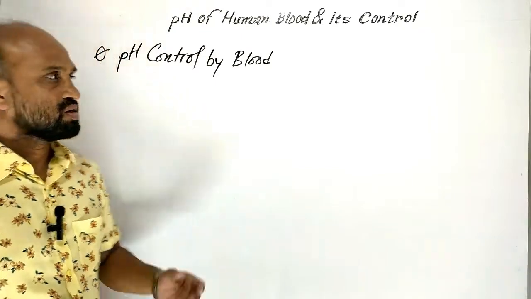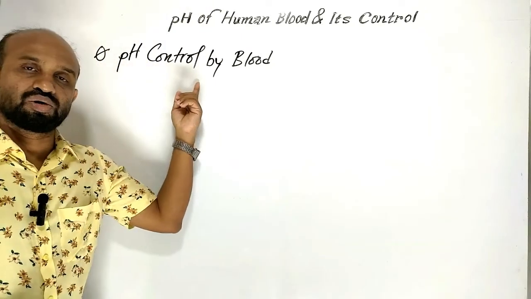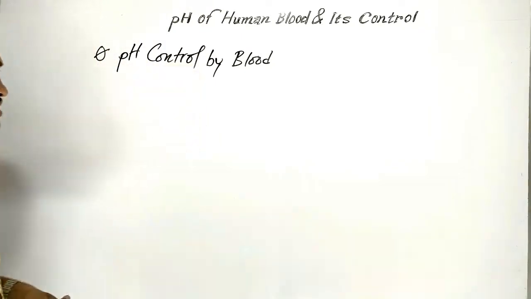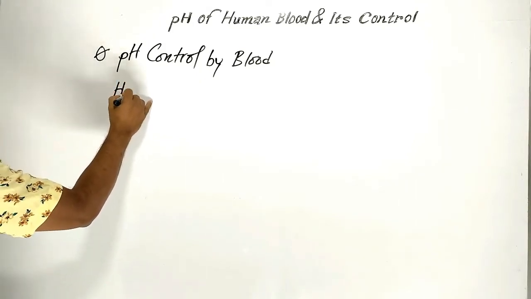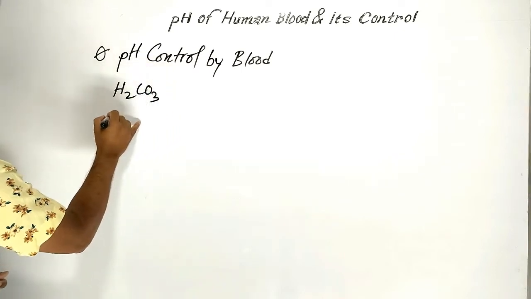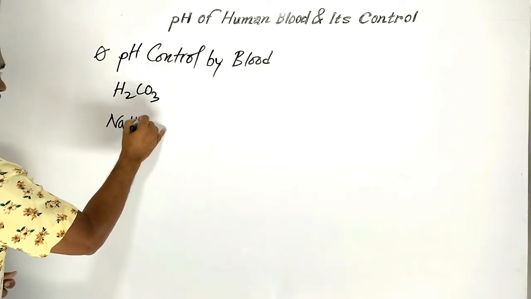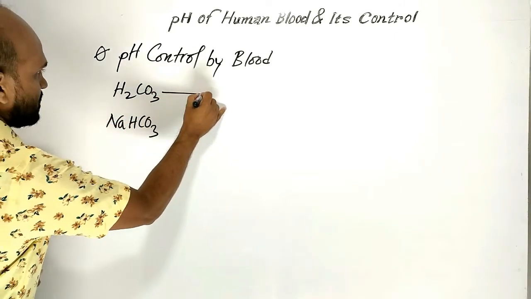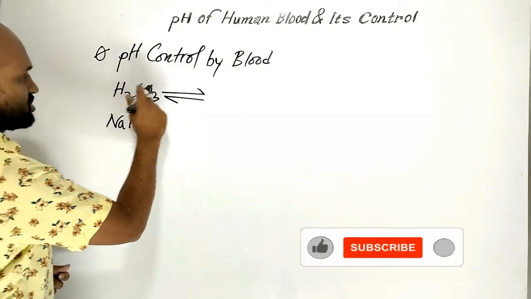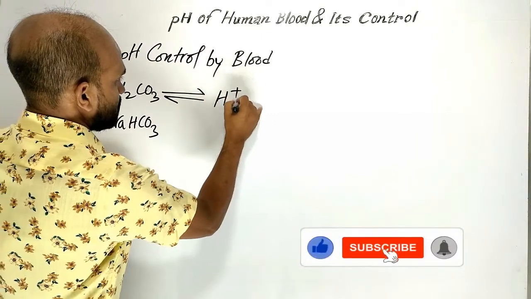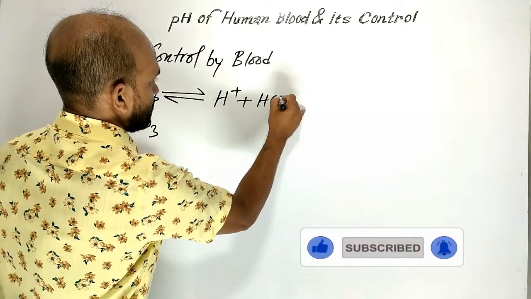Now the point is pH control by blood. We know blood is a buffer solution that contains carbonic acid and sodium bicarbonate. Carbonic acid is a kind of weak acid that dissociates partially to form proton and bicarbonate ion.